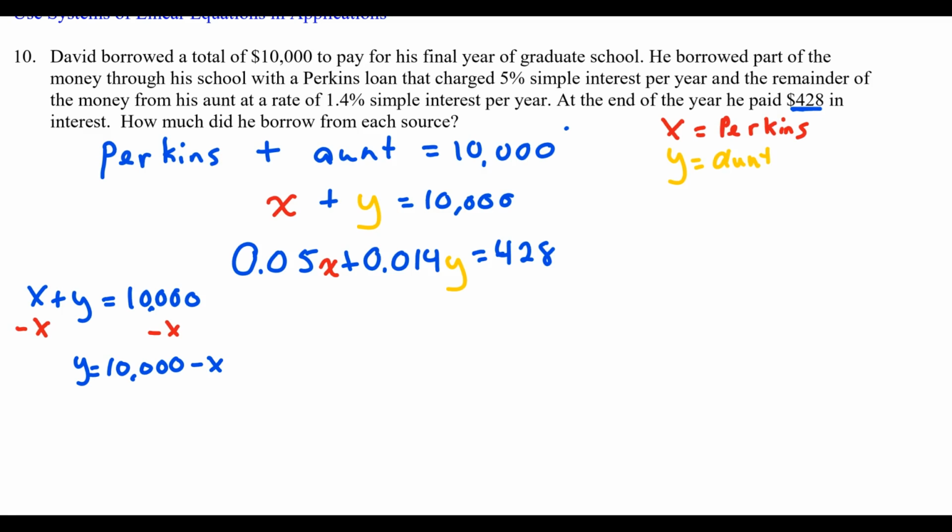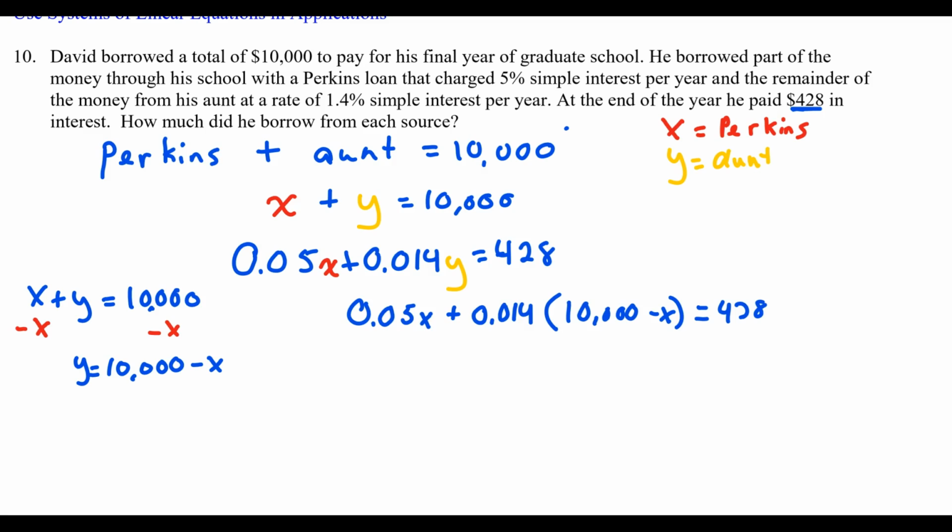Okay? I'm going to substitute this in for my Y of my opposite equation. Make sure you do the opposite equation, okay? So that means I'm going to start with 0.05x plus 0.014 times this right here, 10,000 minus x, and that's going to give me 428.